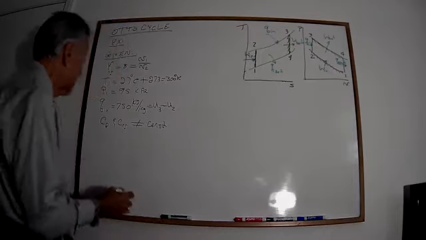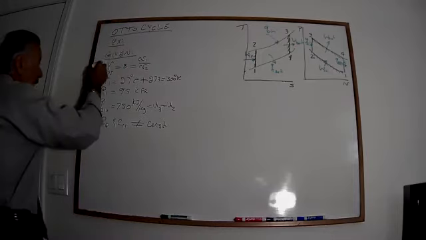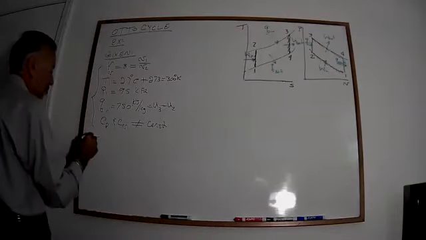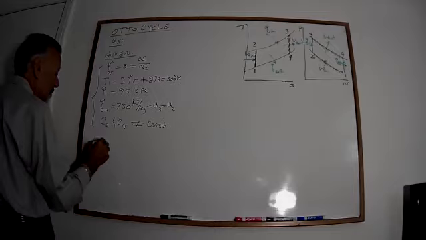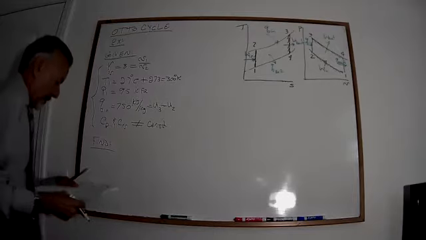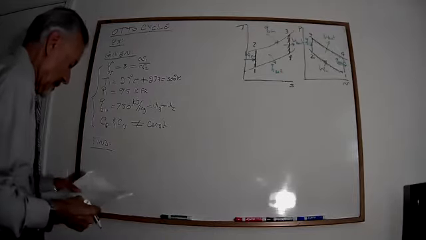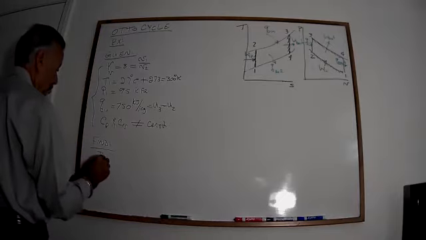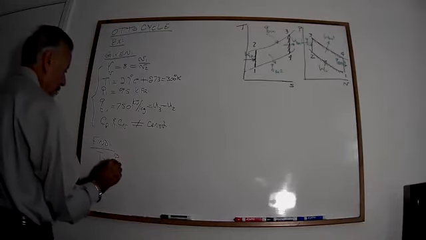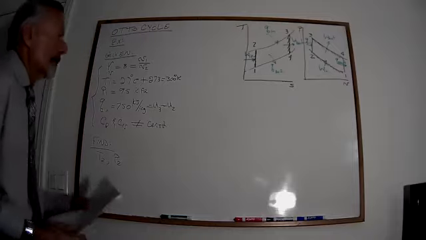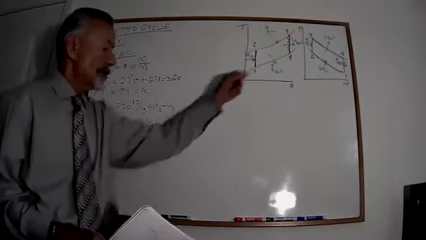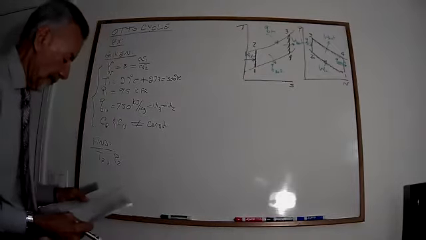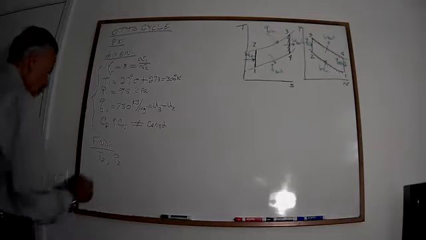Now, this is all the information we have. They ask us to find the following. Find T2 and P2, the temperature at point 2 and the pressure at point 2.